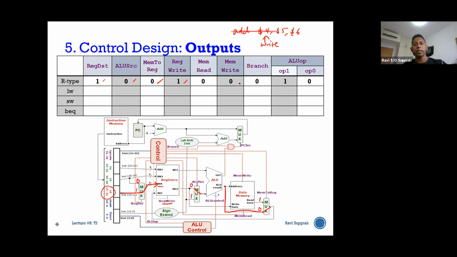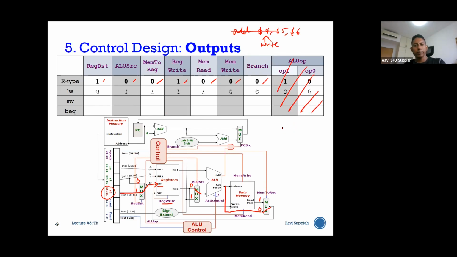Mem read and mem write both must be 0 because we are not doing a memory access. Branch will be 0 because your control unit will know that this is not a branch instruction. R-type instruction is not a branch instruction, so we set branch to 0. This ALU op, you can ignore this part here. We are not going to cover ALU op here.